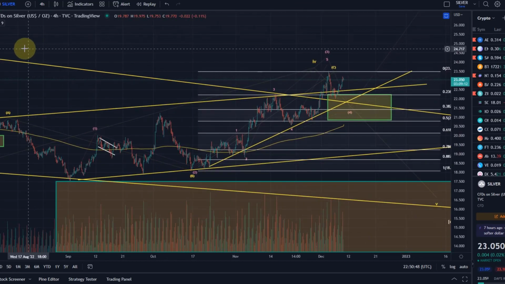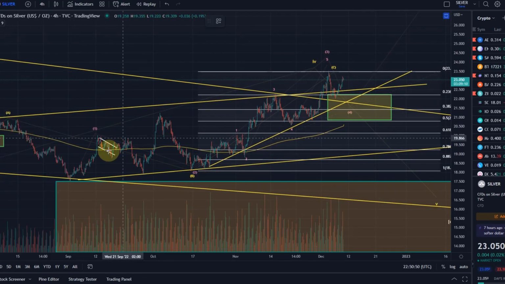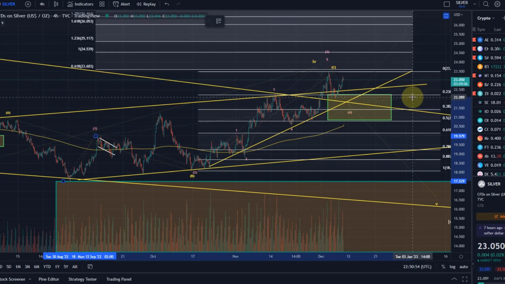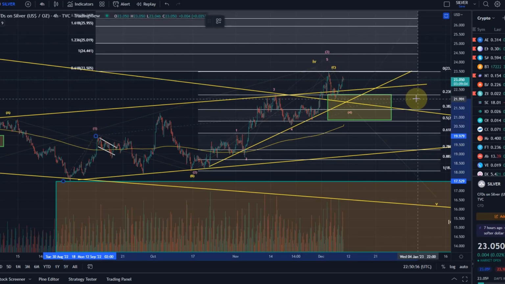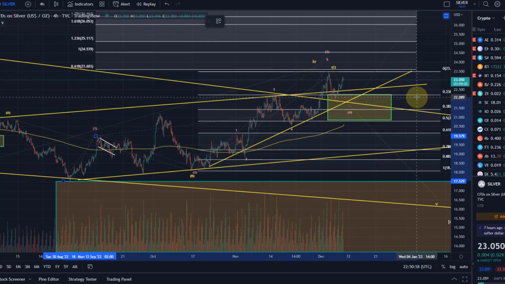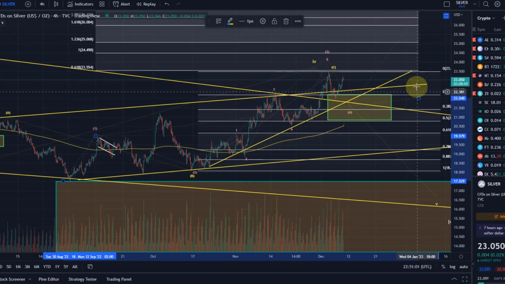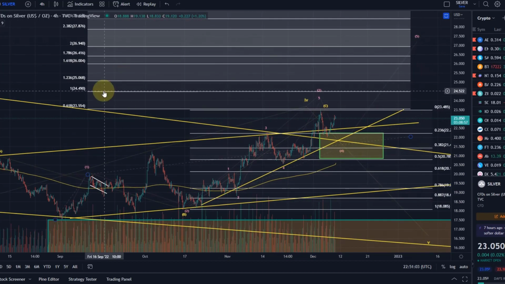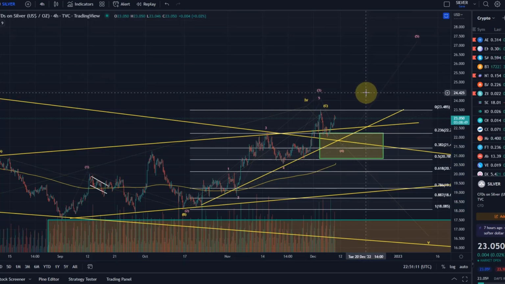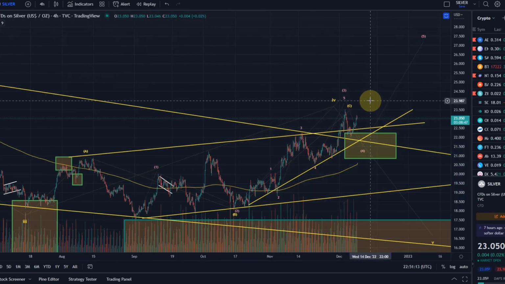What would be a target for the 5th wave? We can take a look at the length of the wave 1. We just add it now to the current low, obviously knowing we could come down a bit lower, but the target range for the 5th wave would then be between $24.50 and $26. Okay, so that's the target for wave 5.